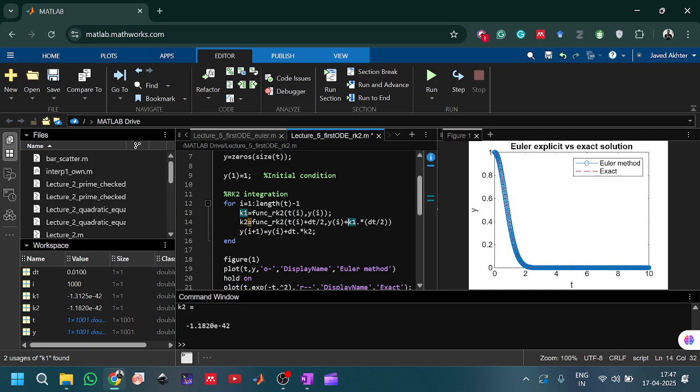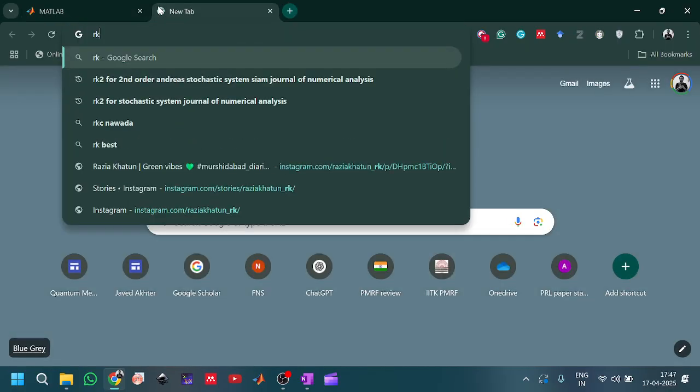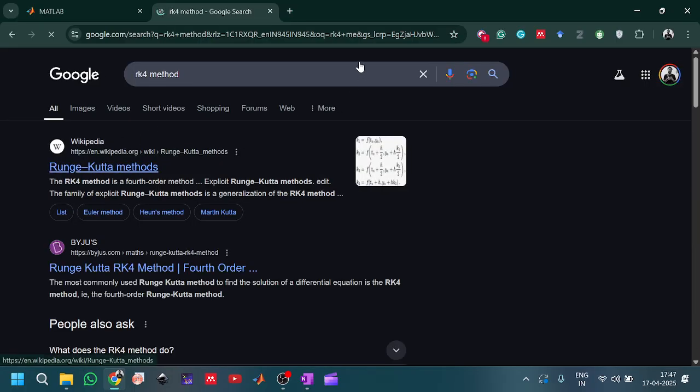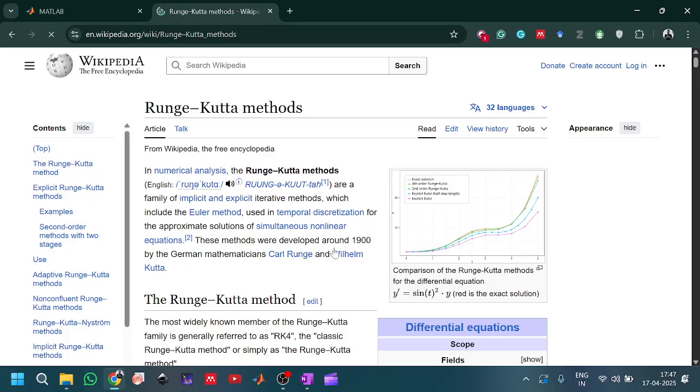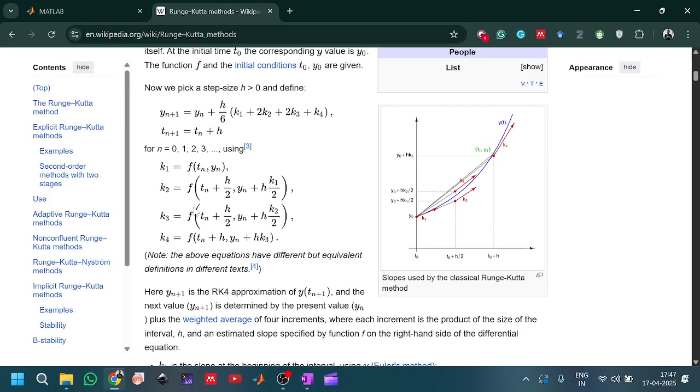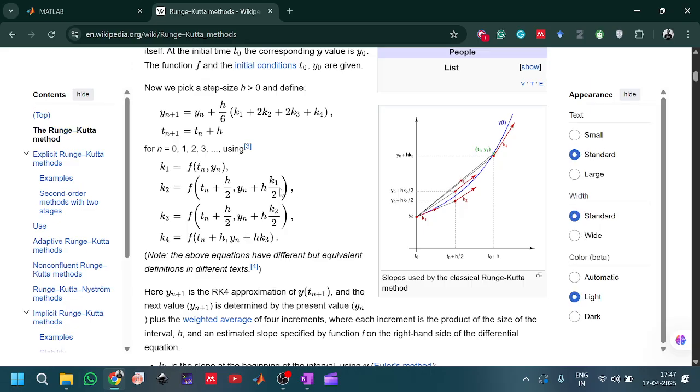You can also use the fourth order Runge-Kutta method. You can Google and search for the RK4 method formula. These are different kinds of RK4 method. Let me include this in the code. So this is the first order, and this is up to RK2, the second order.